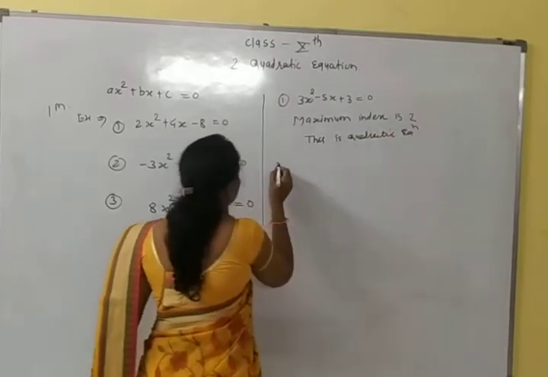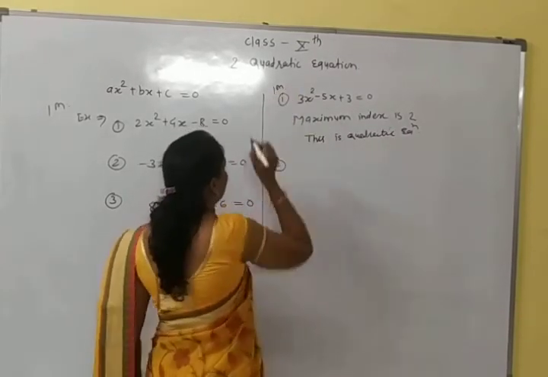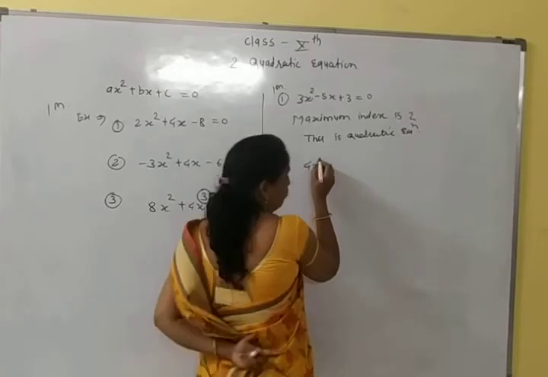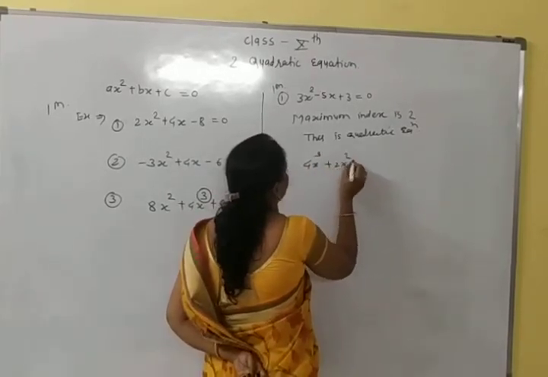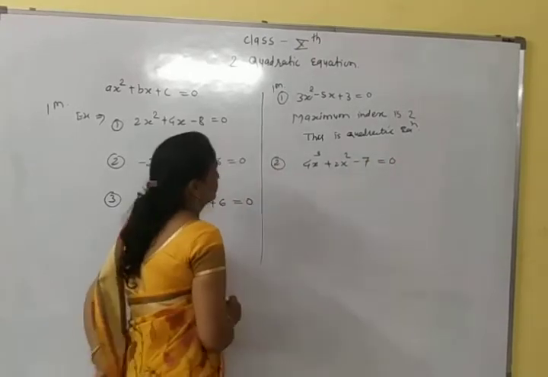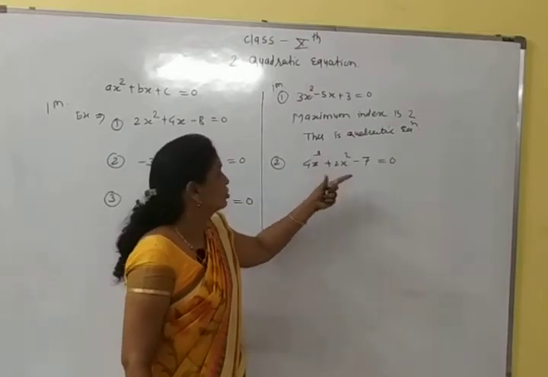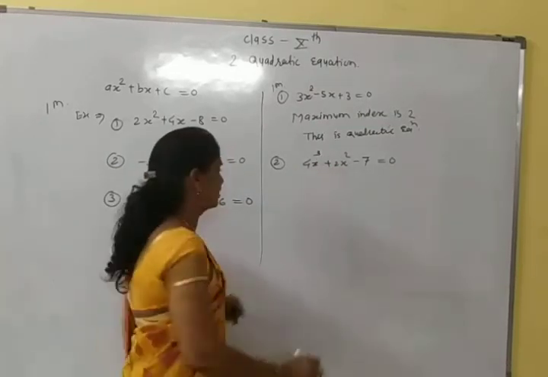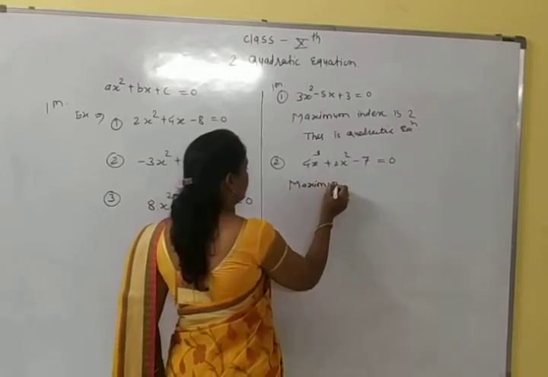Second, 4x cube plus 2x square minus 7 equal to 0. This question can be asked for 1 mark. In this equation, the maximum index is 3. So this is not a quadratic equation.